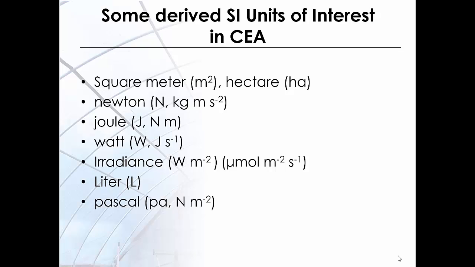We can also look at some derived SI units of interest in controlled environment agriculture. For example, the area in terms of square meters or hectares, or other area units that were mentioned in the previous slide. In the case of force, the unit for force is the Newton with a symbol of N, and 1 Newton is equal to 1 kilogram meter per second squared.